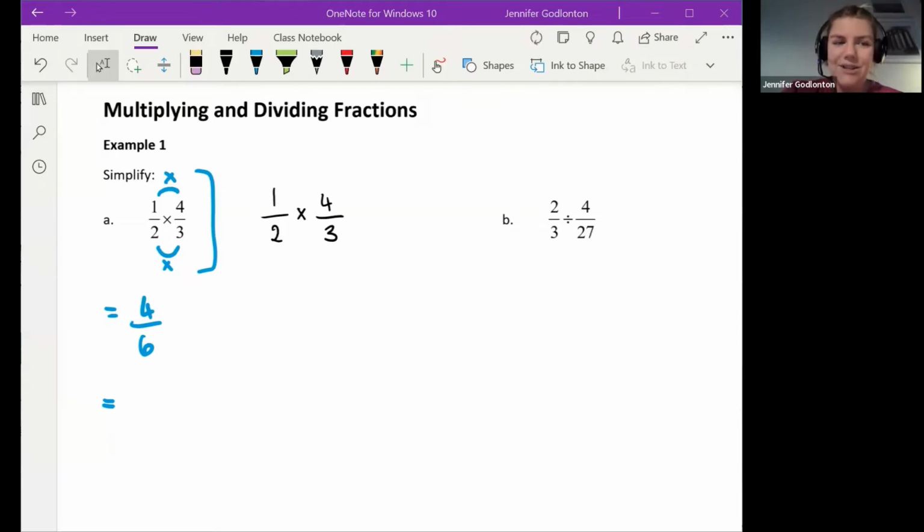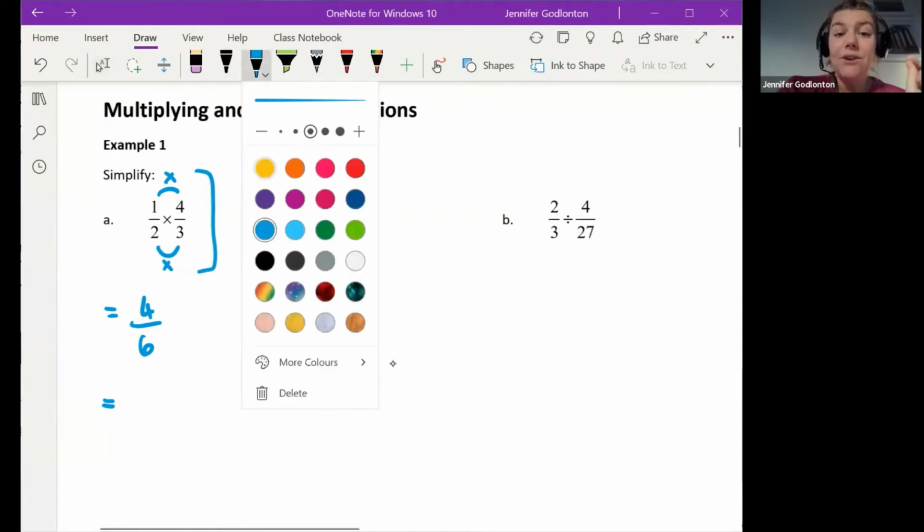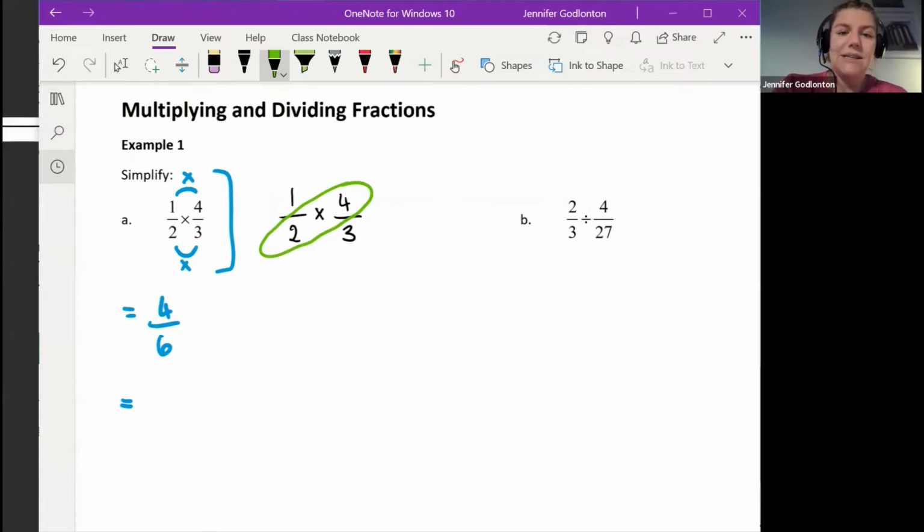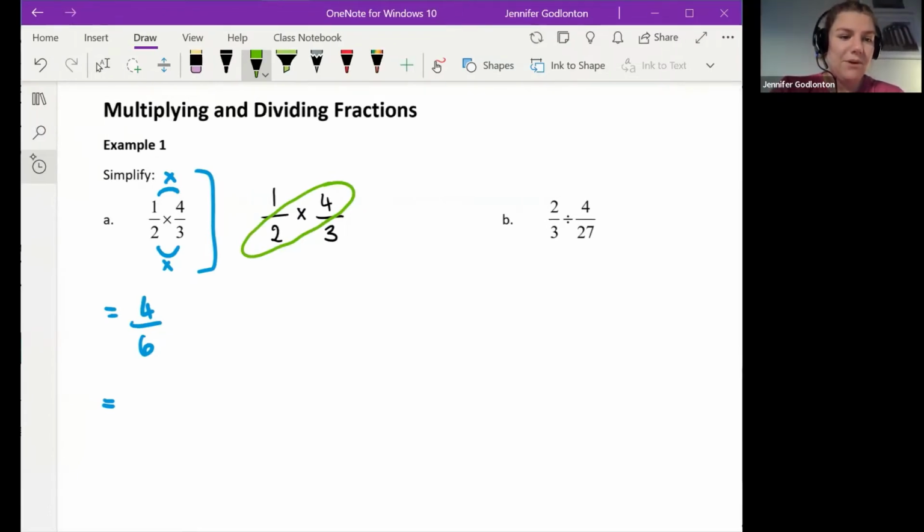Angela, do you think you can help me a little bit? I think we're going to cross multiply the numbers. It's very close to what you're saying. We are going to do something with a cross, but instead of saying cross multiply, we're going to cross simplify. So when we cross simplify, we look at our diagonals like this and we see, is there something common where we could cancel?